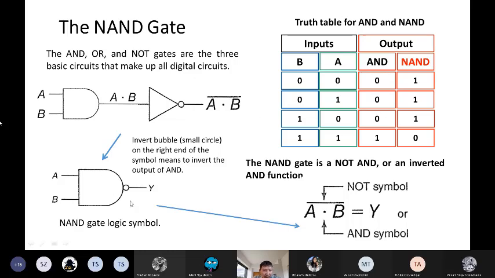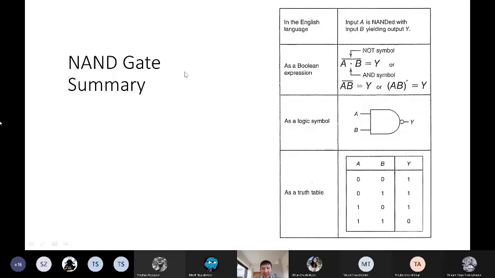So when both inputs are high, AND will give us high, and NAND will give us 0. Okay, so you also should memorize this NAND gate logic symbol. You should understand the Boolean expression, but you should understand that we can actually assemble a NAND gate by combining AND and NOT gates. Okay, so here's some summary.